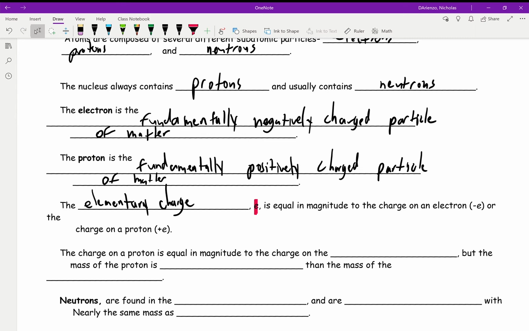Now the charge on the proton, as I said, is equal in magnitude to the charge on the electron. But the mass of the proton is significantly greater than the mass of the electron. Remember, the electron is extremely small and essentially massless.